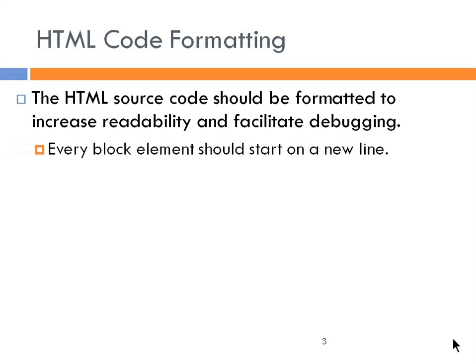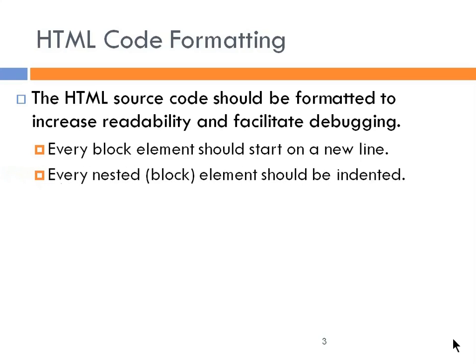Every block element should start on a new line. That means when you are writing code, if you are adding a new element, it should start on a new line.